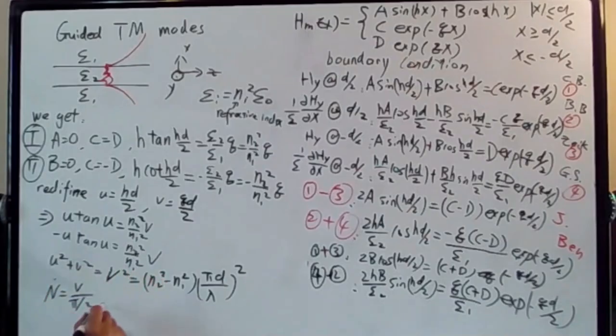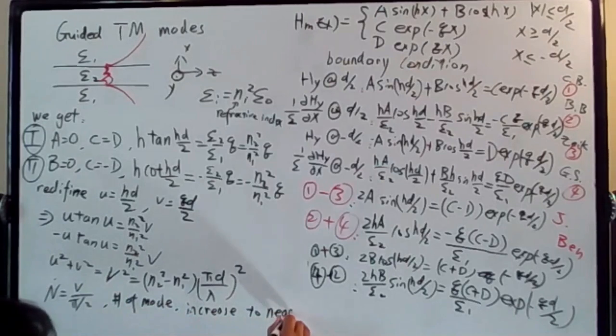So it's the number of modes, increased to the nearest integer.